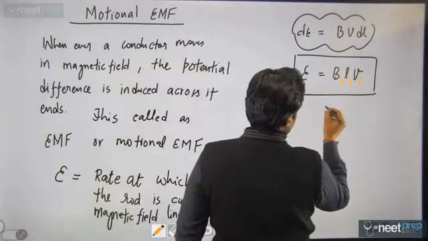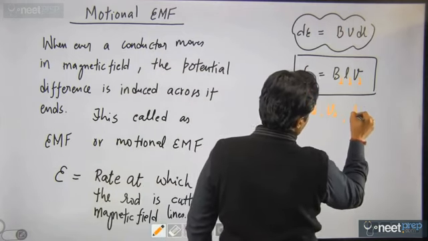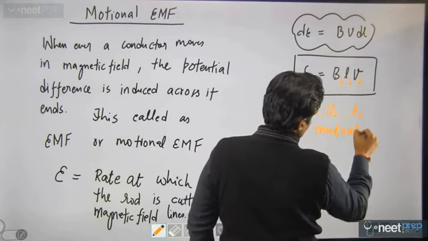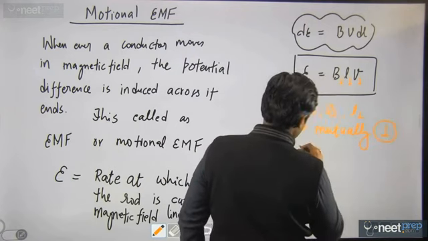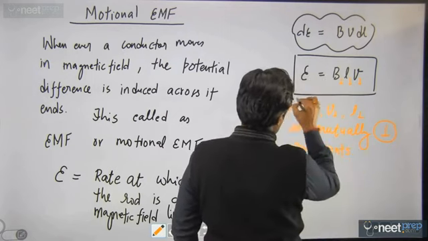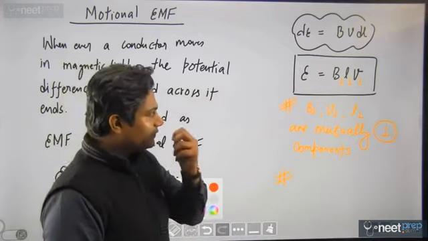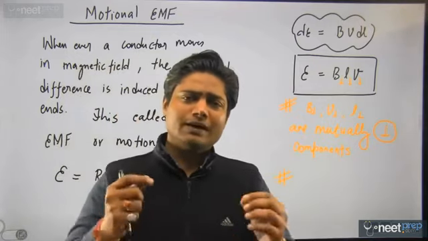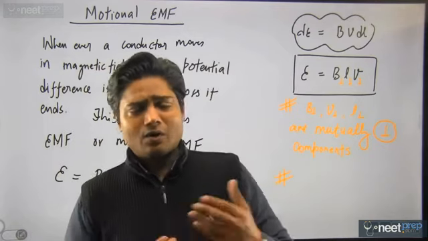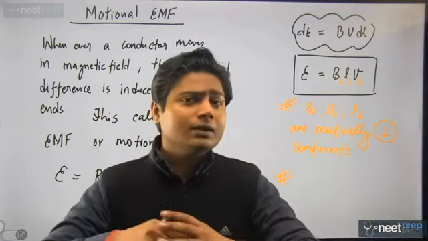Remember. Suppose there is no mutual perpendicular component, suppose the magnetic field becomes parallel to conductor, or the velocity is along conductor, or the velocity is along magnetic field, then EMF will be 0, because there will be no perpendicular component.